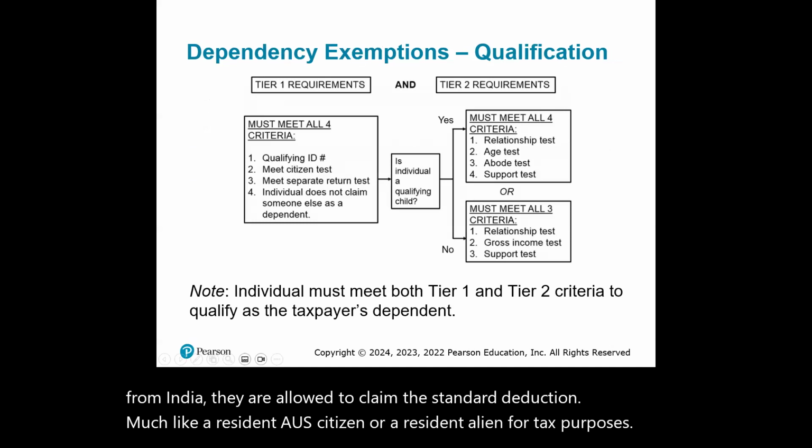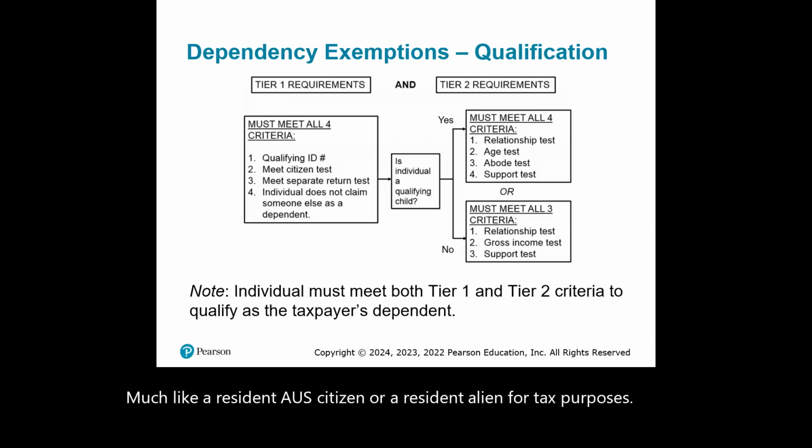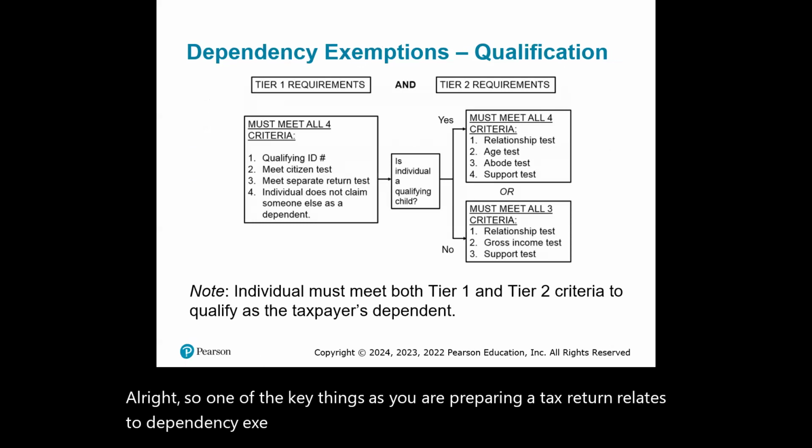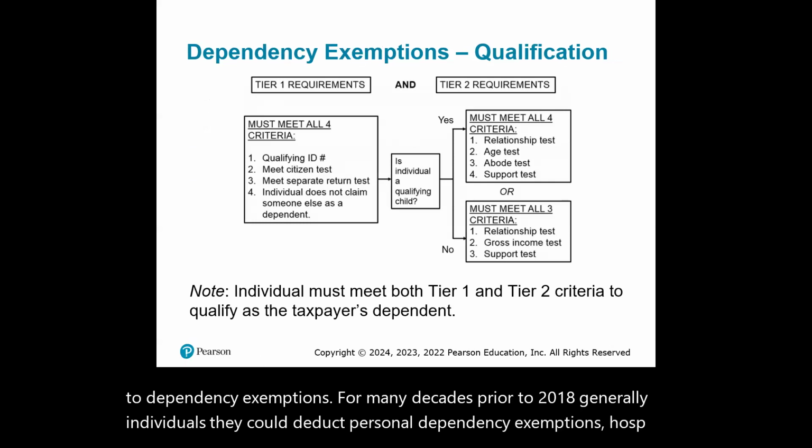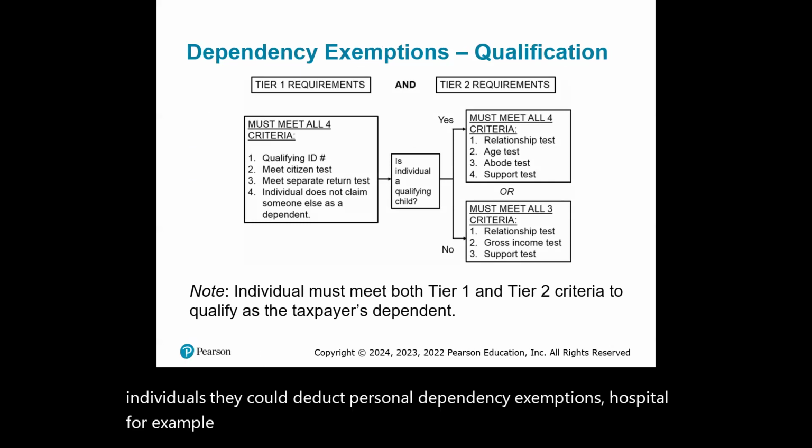All right, so one of the key things as you are preparing a tax return relates to dependency exemptions. For many decades prior to 2018, generally individuals could deduct personal and dependency exemptions. So for example, in 2017, an individual could deduct $4,050 for himself or herself.